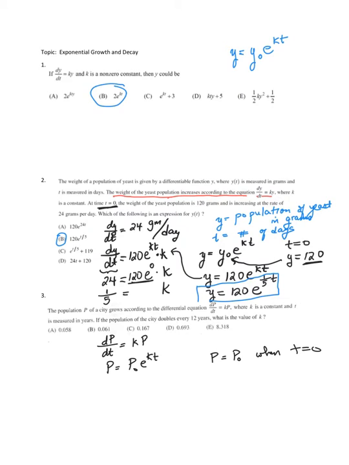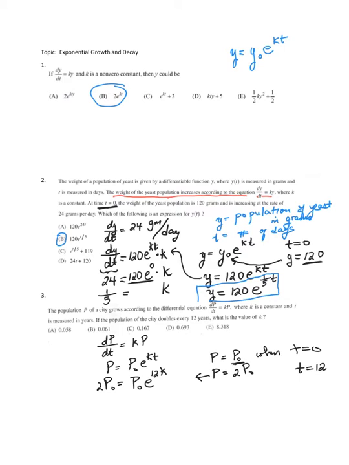Okay, now it says that if the population of the city doubles every 12 years, so when t equals 12, then p is equal to twice this amount, which is 2p sub 0. So let's substitute that into our differential equation, even though we don't know what p sub 0 is. So we could say that when t equals 12, the population, which is 2p sub 0, equals p sub 0 e to the 12k, where t is 12 years.